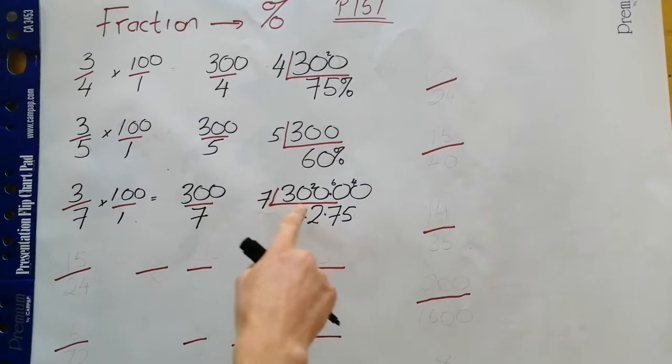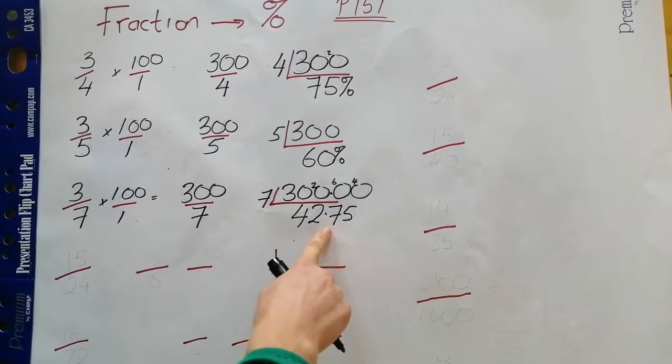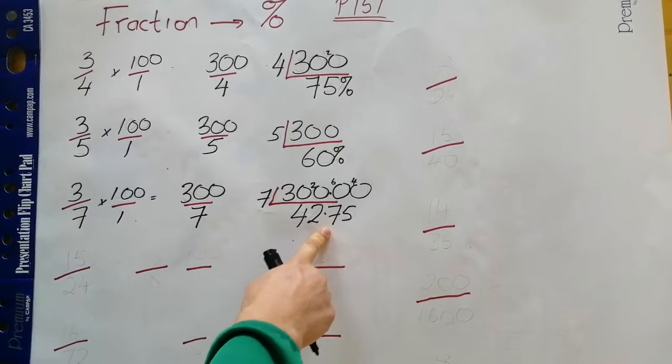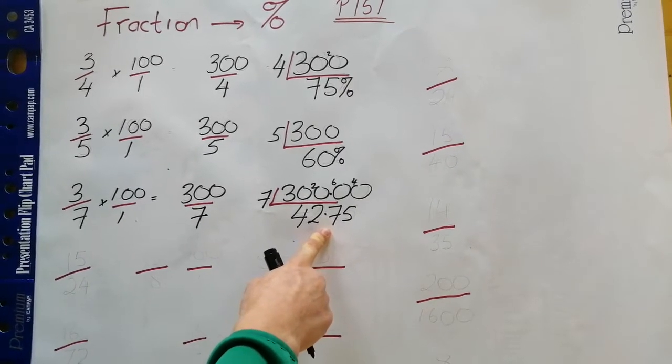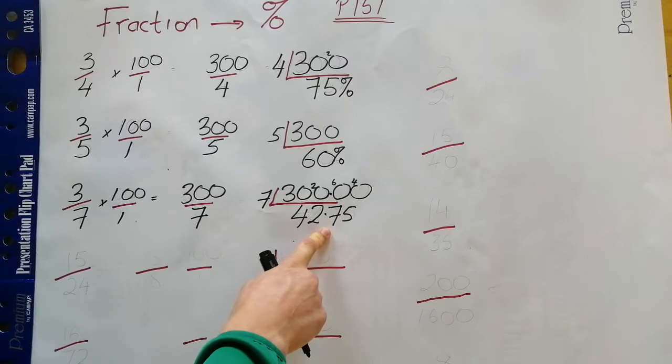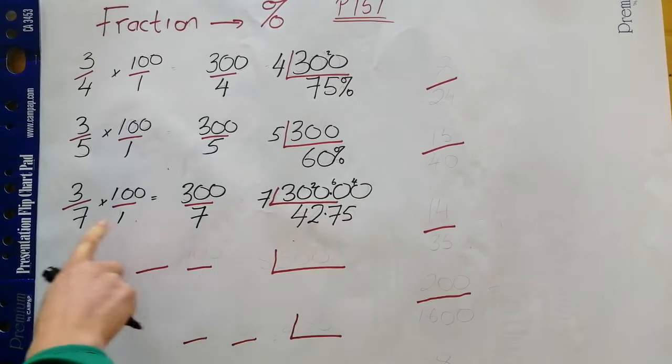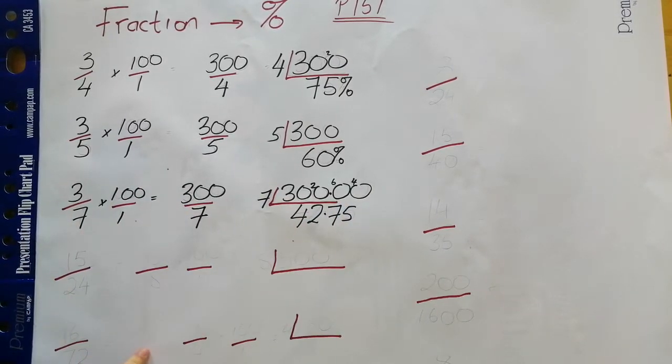That will stay going on and on and on forever, so 2 decimal places is fine. Most 6th class books won't use 7ths or 9ths or 11ths or 13ths, but just in case they come up, you know what to do.